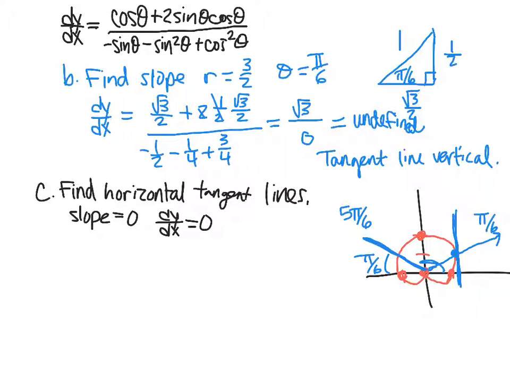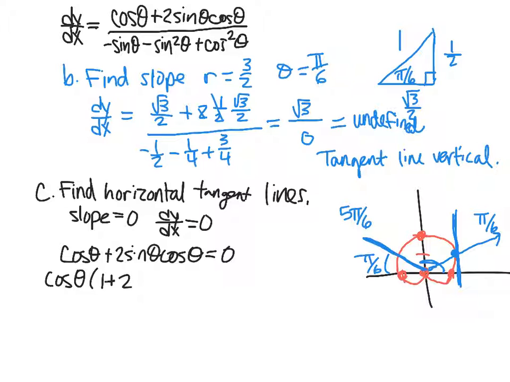When you do that, we're going to multiply by the denominator on both sides. So what we're left with is just cosine theta plus 2 sine theta cosine theta equals 0. We can factor out a cosine. We're left with cosine theta times 1 plus 2 sine theta.